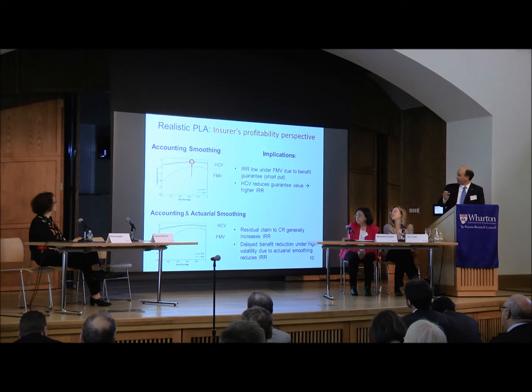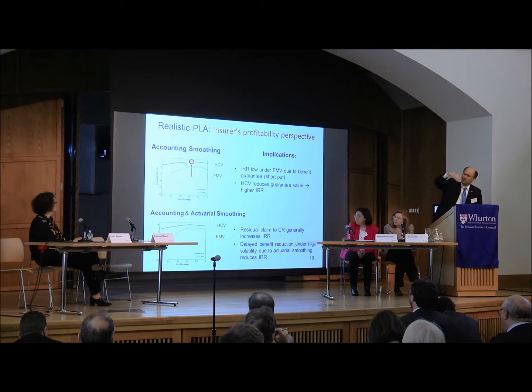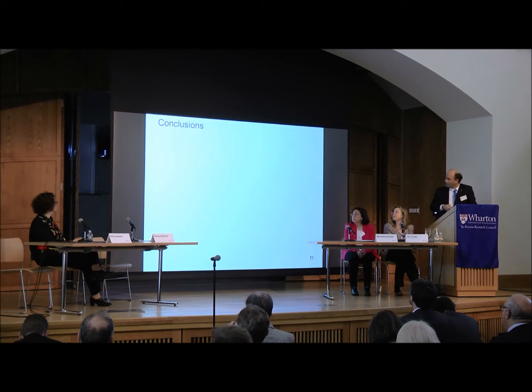Again, if you make accounting and actuarial smoothing, this is what insurance companies like. If the insurance company has both accounting and actuarial smoothing, this increases a little bit the profitability compared to a situation where you have only accounting smoothing.